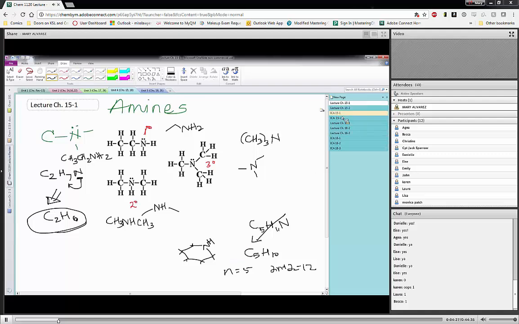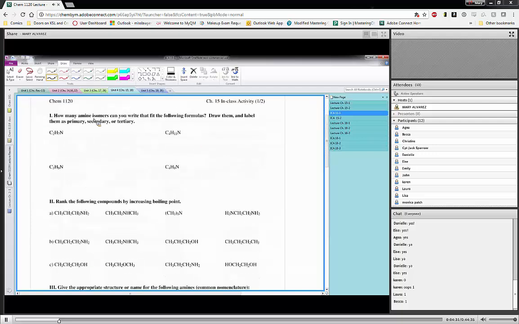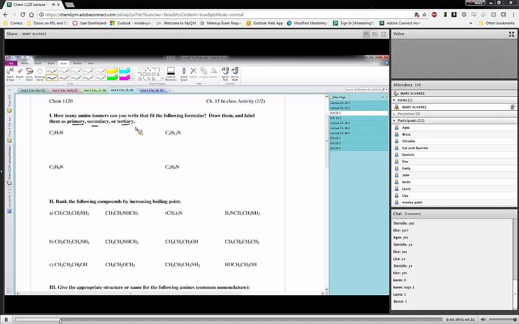Excellent. All right, so your in-class activity sheet 15, number 1. How many amine isomers can you write that fit the following formulas? Draw them and label them as primary, secondary, or tertiary. Okay. So again, I've only picked a few here up to 4 carbons, so there's not going to be a million formulas, but try to make sure that you cover all your bases.